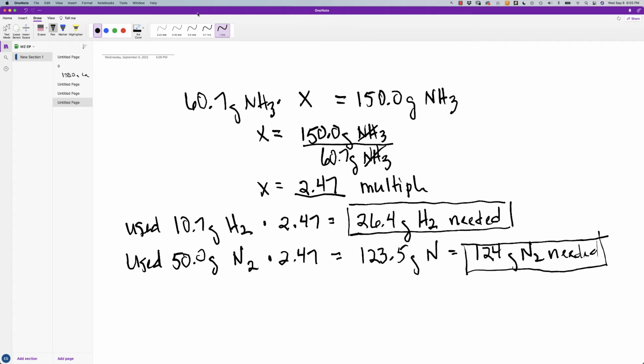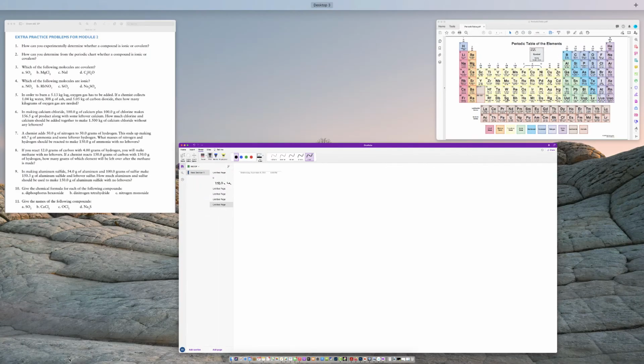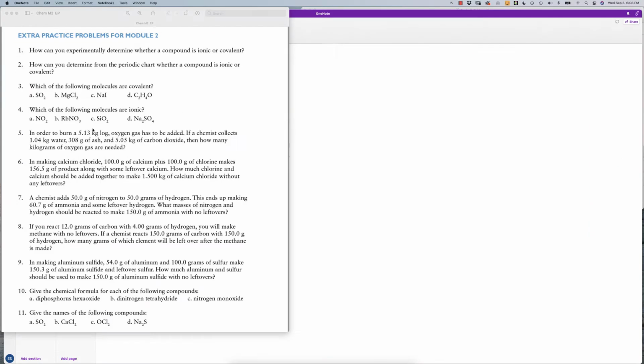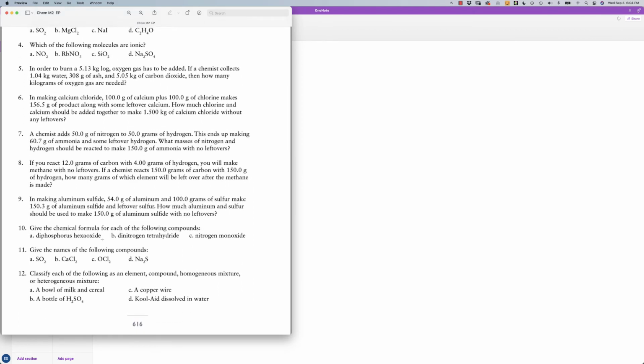All right. Let's look at number 8. Get a new page here. Number 8, it says, if you react 12.0 grams of carbon with 4.00 grams of hydrogen, you'll make methane with no leftover, so you use all of both.